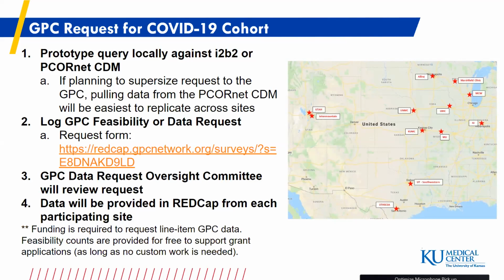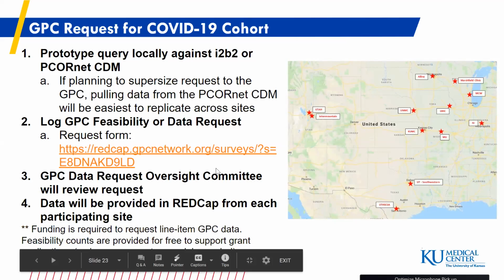So it starts from a prototype query locally against i2b2 or the PCORnet common data model that I just mentioned in previous slides. And then if you have decided what kind of cohort you want to collect and what the variables are, you can log a GPC feasibility or data request using this REDCap survey.